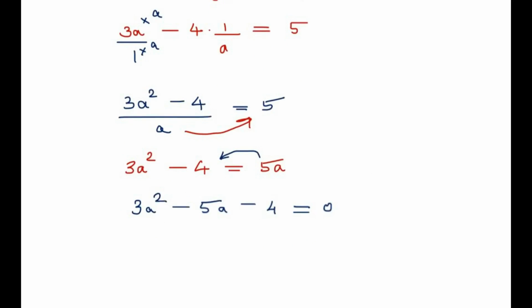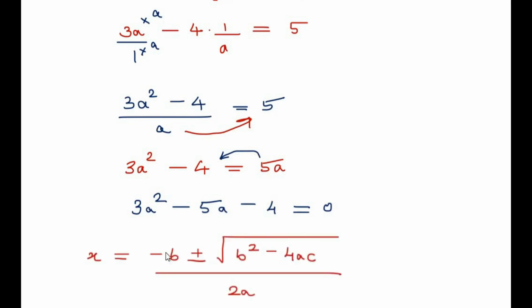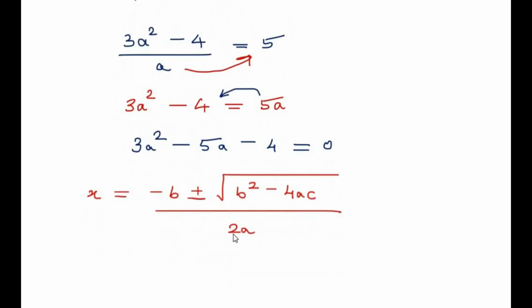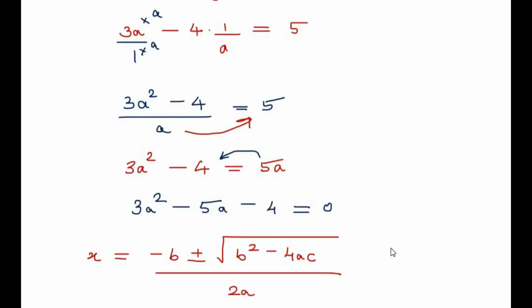To solve this, I am going to make use of the quadratic formula, which is x equal to minus b plus minus square root of b square minus 4ac over 2a. In this formula our a will be equal to 3 because it is the coefficient of a square. b is equal to -5, the coefficient of a, and c, that is the constant, will be equal to -4.